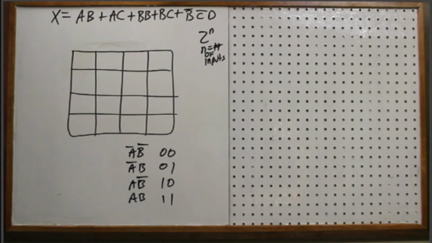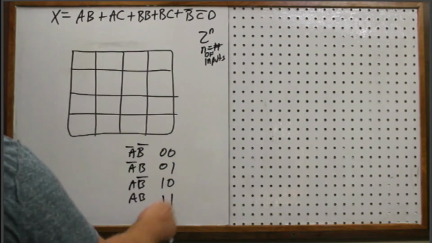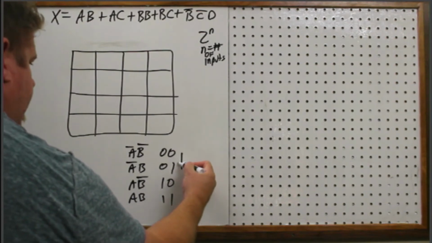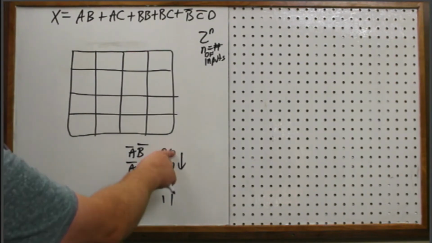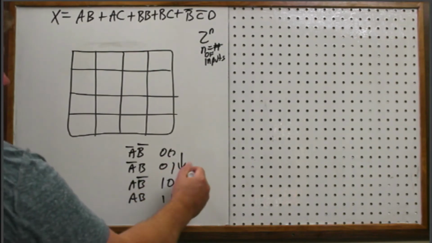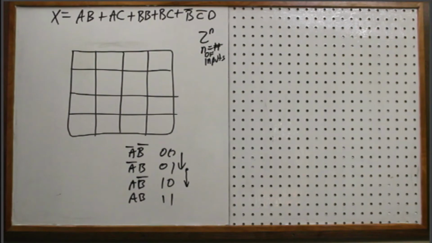However, you can't use that as the headers here, because from here to here, only one input changes, and that's B. But from here to there, we're changing both of those, and so it won't work.